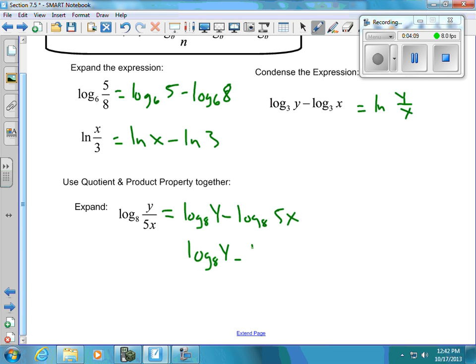That would be log base 8 of y minus log base 8 of 5 plus log base 8 of x. So now you can see when we learn these properties, we're expected to use them over and over again, or in combination with each other.